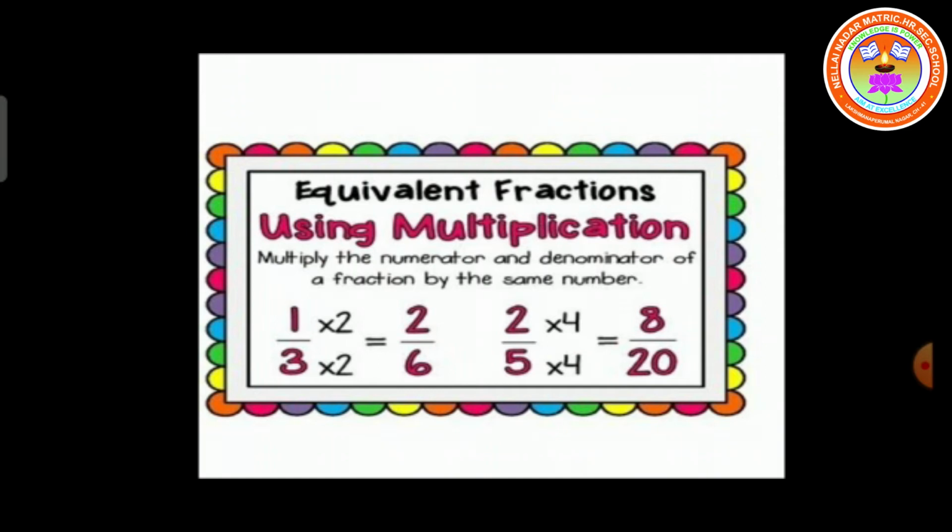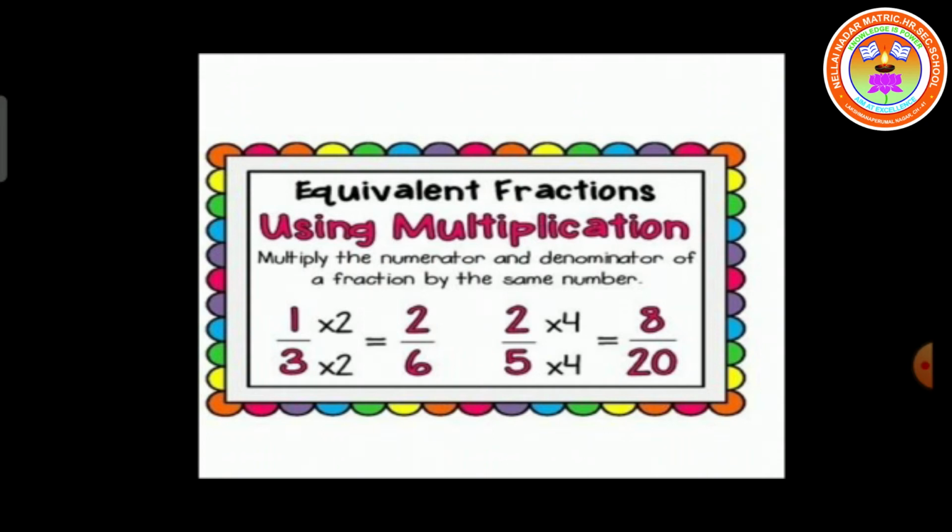Now, how can you make an equivalent fraction? Equivalent fractions using multiplication. This part is very, very important. Multiply the numerator and denominator of a fraction by the same number. That is very, very important. Here 1 by 3 is a fraction.